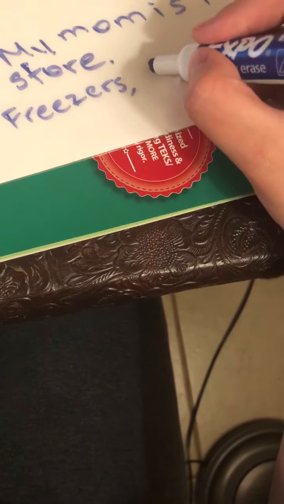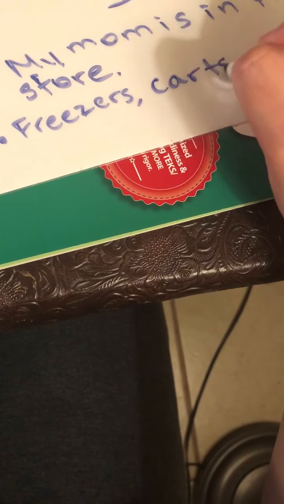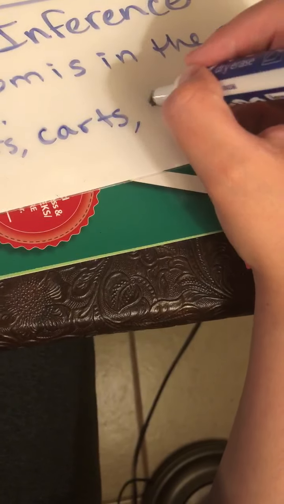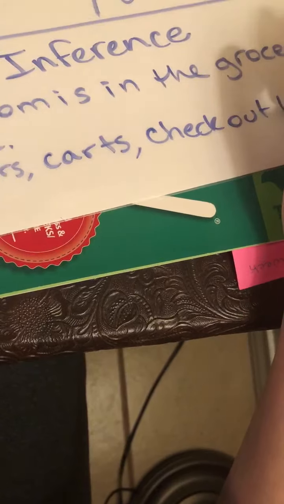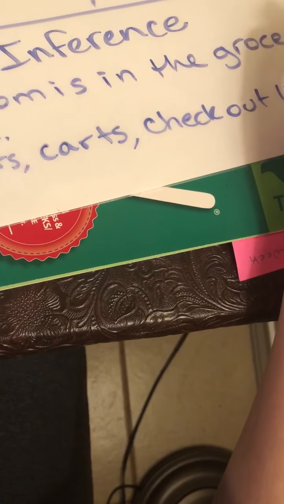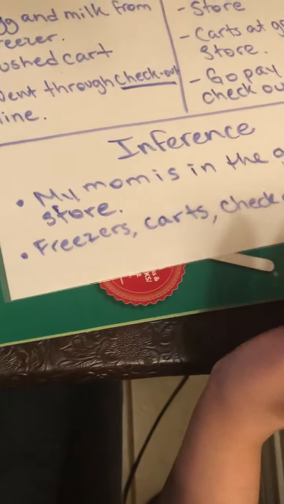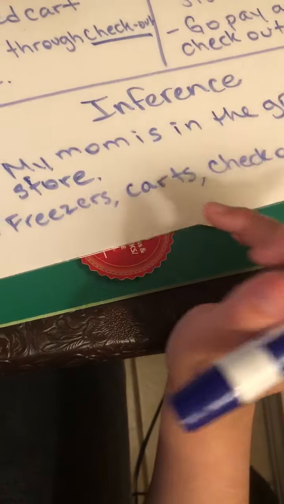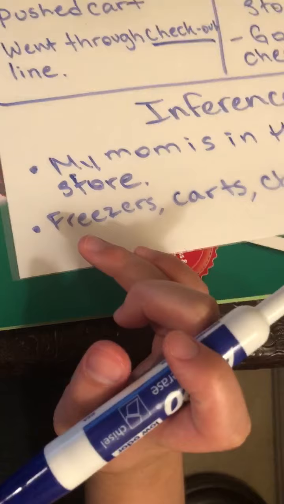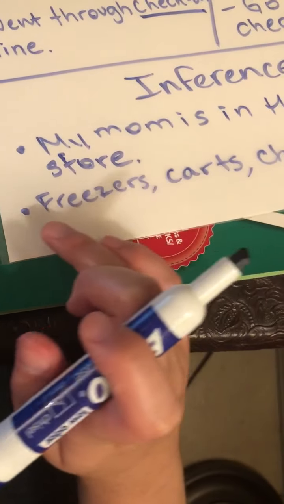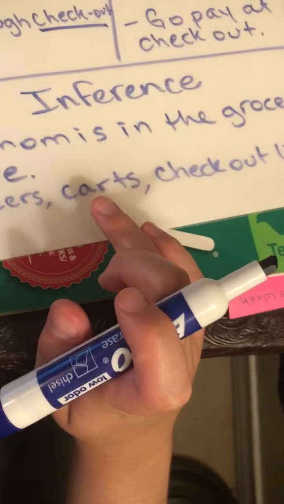They have carts, right? And most importantly, they have checkout lines. So I think my inference is correct. I can infer that my mom is at the grocery store. And I know this because the grocery store has freezers, carts, and a checkout line.